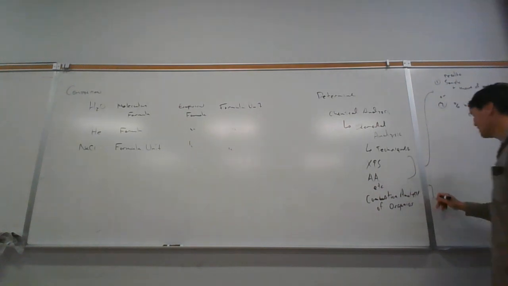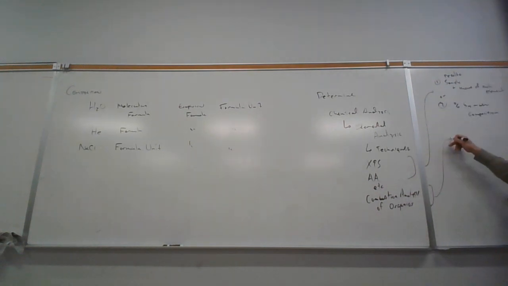Whereas in combustion analysis, we get slightly different results. It depends on what the organic is, but typically, one, if it's a hydrocarbon, a compound of hydrogen and carbon, or a hydrogen, carbon, oxygen compound, we're going to get grams of CO2 and grams of H2O.